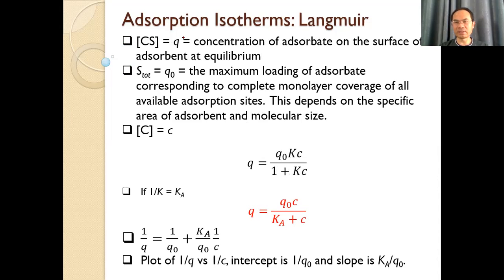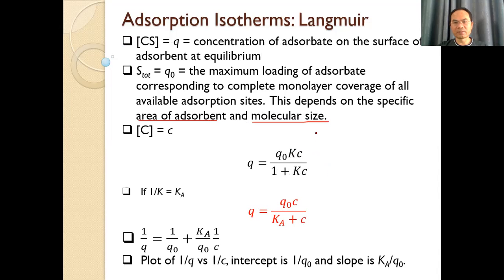This is based on a monolayer, one adsorbent site, and depends on the specific area of the adsorbent and molecular size. Then you can rearrange this: Q, the concentration of solute on the surface of the solid at equilibrium, equals the maximum concentration Q0 times KC divided by 1 plus KC.